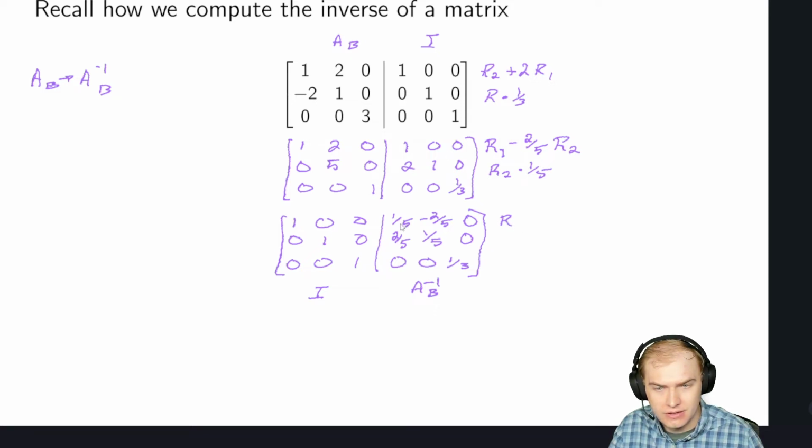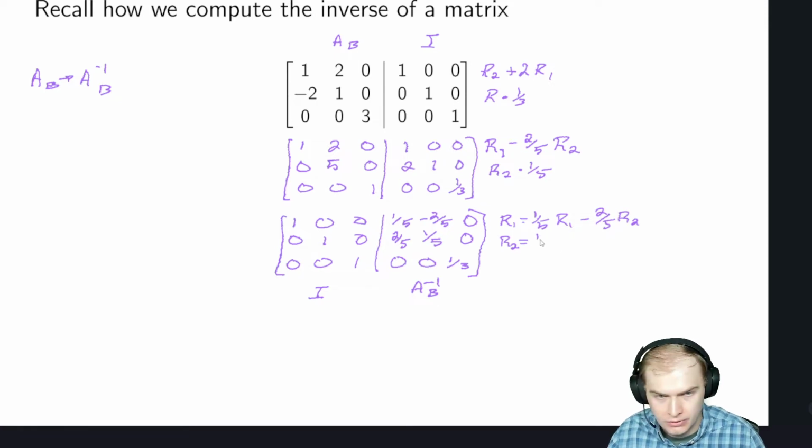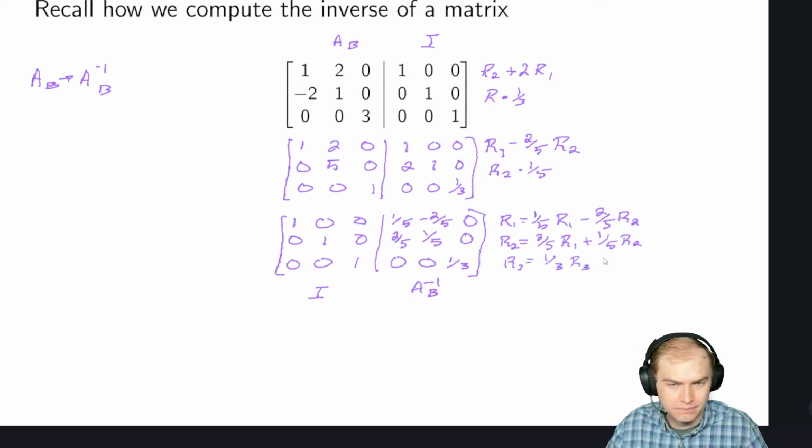So this is actually row 1 equals 1/5 row 1 minus 2/5 row 2, row 2 equals 2/5 row 1 plus 1/5 row 2, and row 3 is 1/3 row 3.